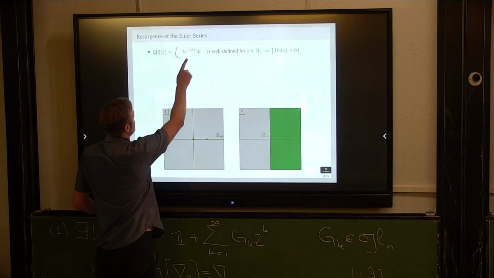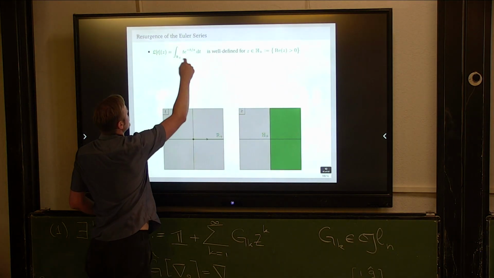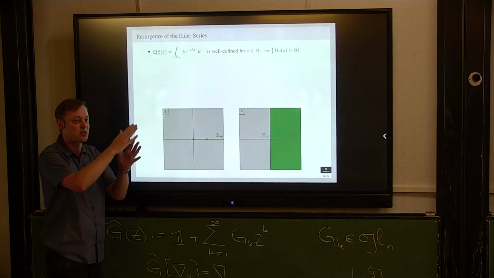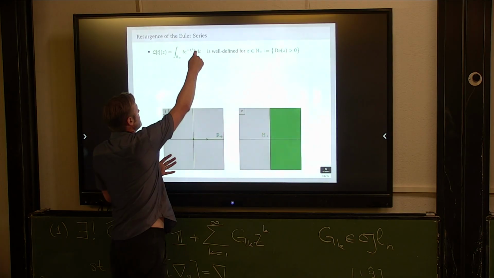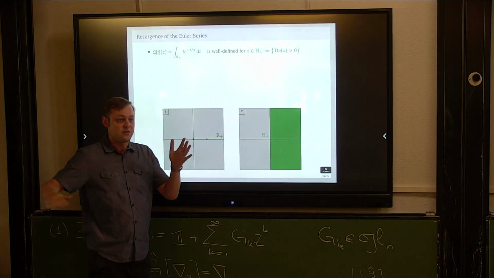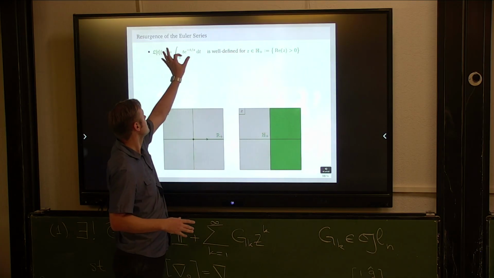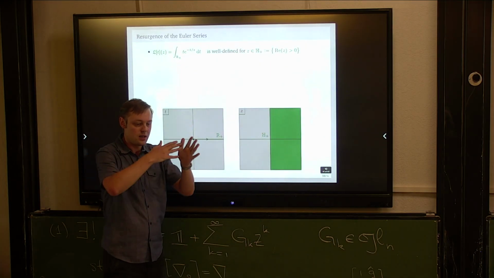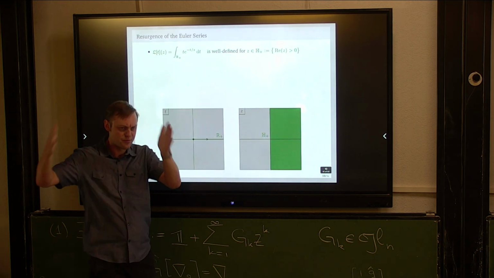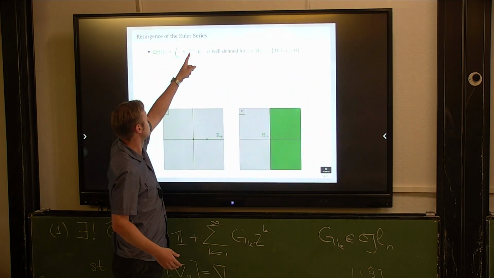So the point is that now we're looking at values of z for which this integral is actually convergent, right? And if you recall, what was making that integral converge was the fact that the exponent was real, large, and very negative. So that was giving us this damping. Now t and z are complex, so the size of the exponential is given by the exponential of the real part of the exponent. So we're really just looking at the real part of the ratio between t and z.